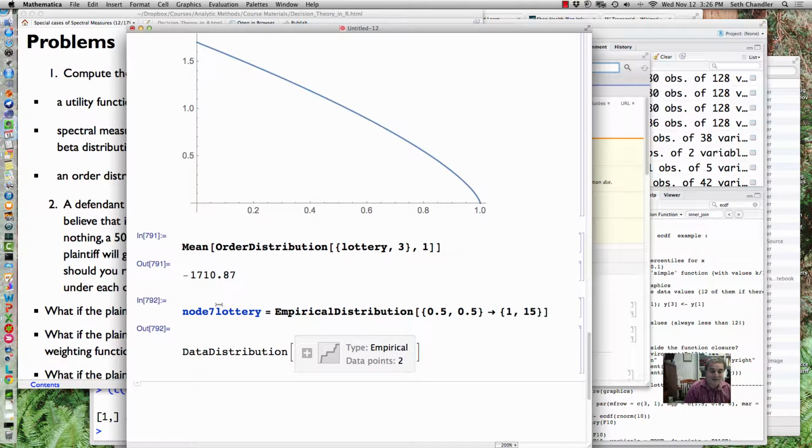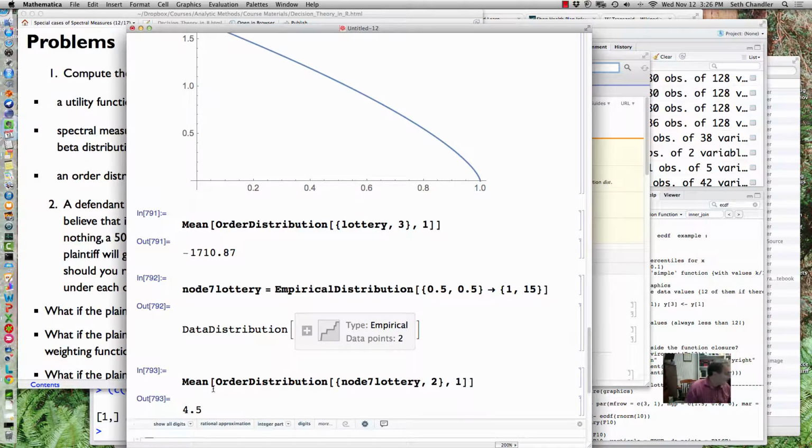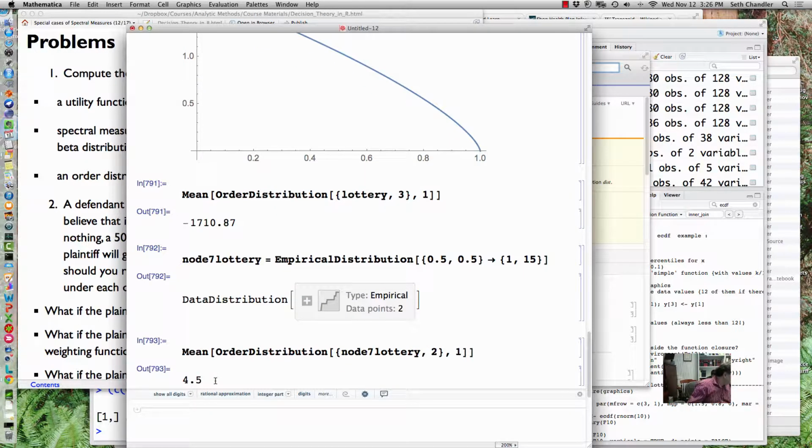Okay? And now what I want to know is, what is the mean of an order distribution of the node 7 lottery with 2 rolls, where I want the worst roll? And it's 4.5. Okay? So, what do we do then?